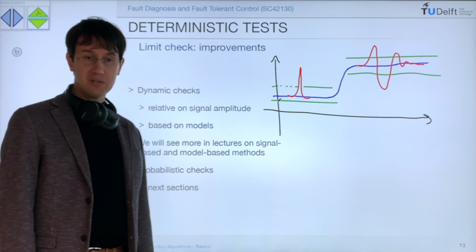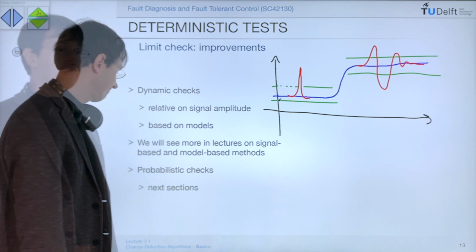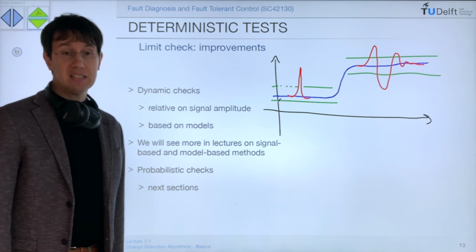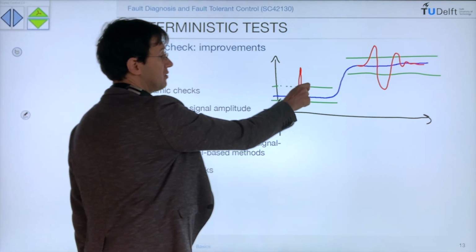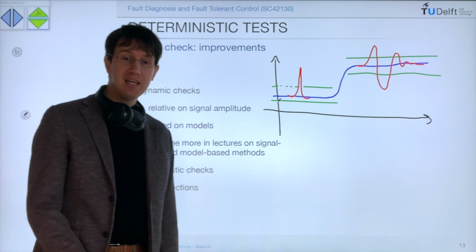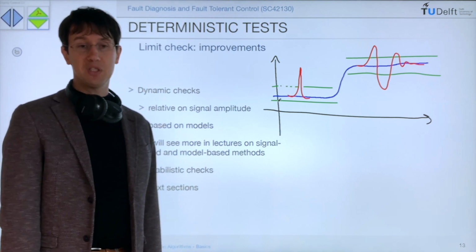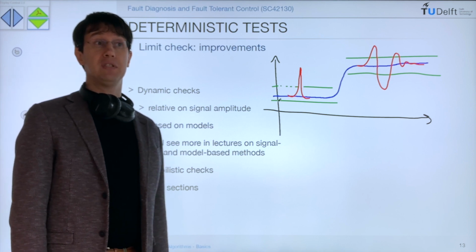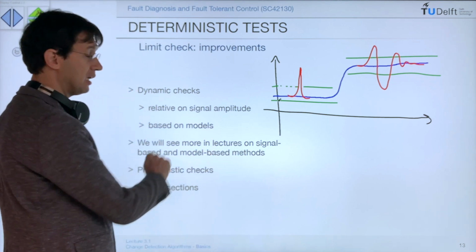But what if we want to go even further? Well, there are two ways of going even further. The one is to have these bounds change over time according to the conditions of the system. And to do that, you need an accurate model of the system. So model-based approaches are going to do that.